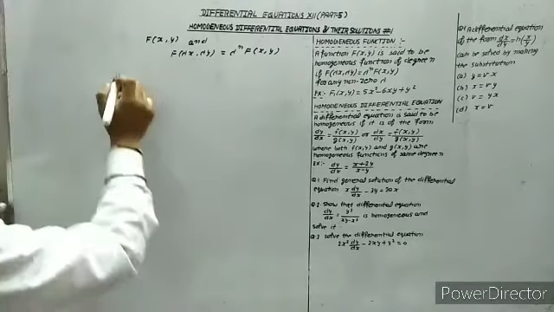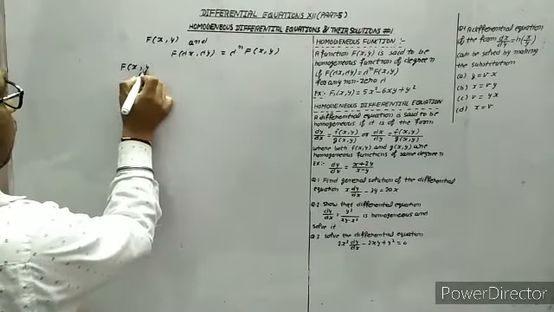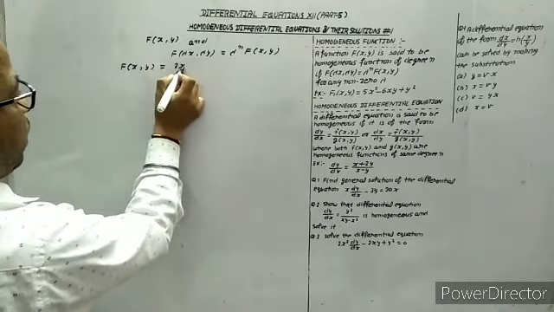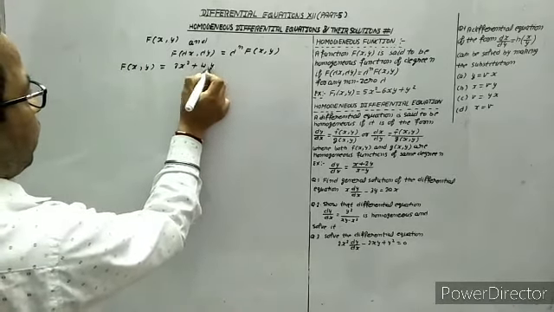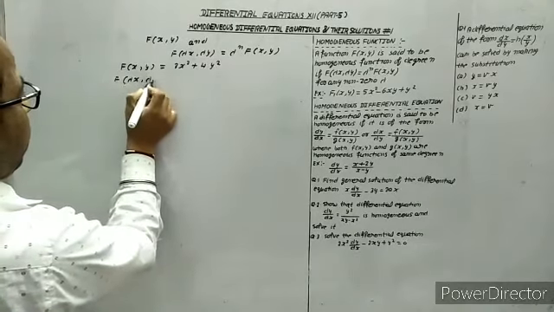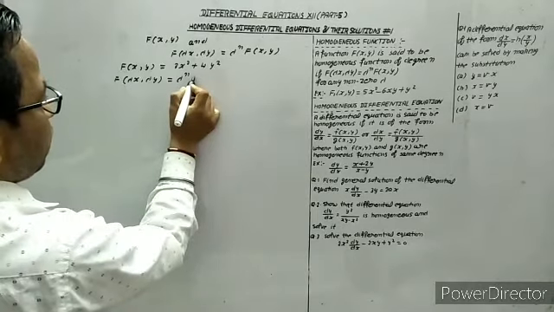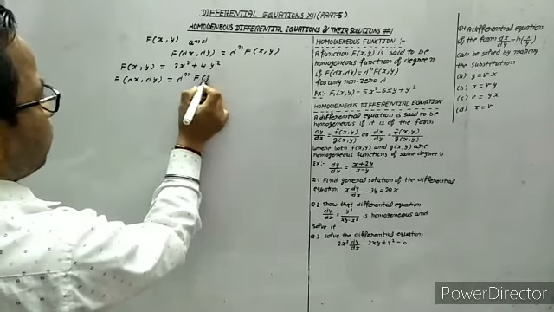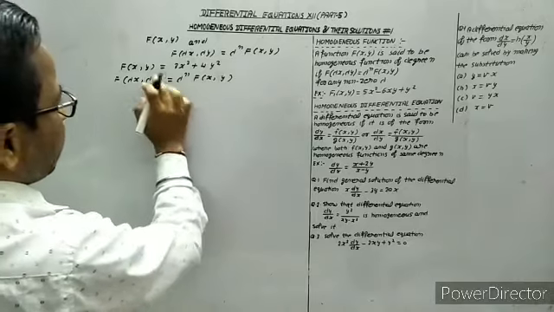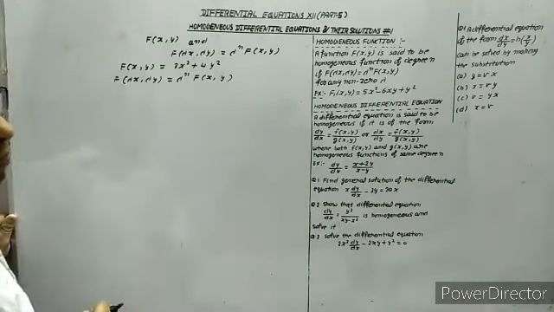So if we take the function f(x, y) = 3x² + 4y², and find f(λx, λy), the result will be λ^n f(x, y), showing that this is a homogeneous function of degree 2.